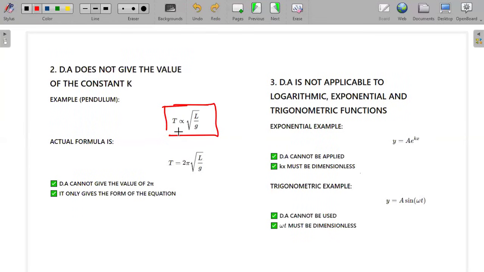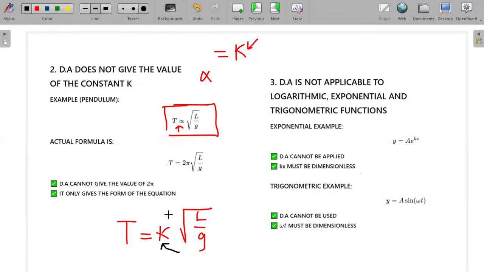You always replace this proportionality symbol with equals K, like this. Whenever you see this symbol in dimensional analysis, it's the same as equals K, which simply means K is a constant. So this relationship means T equals K times the root of L over g.